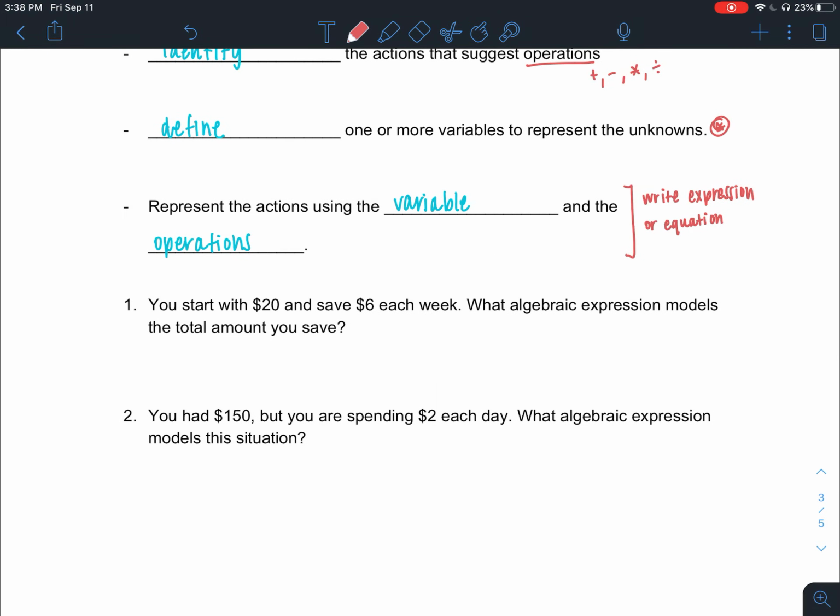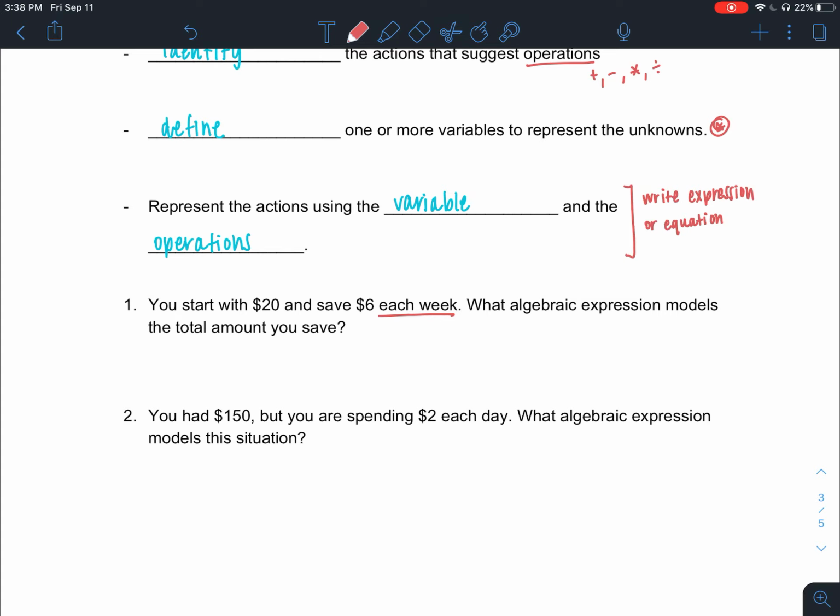So you start with $20 and save $6 each week. What algebraic expression models the total amount you save? So each week is going to tell us that we could have any amount of weeks.